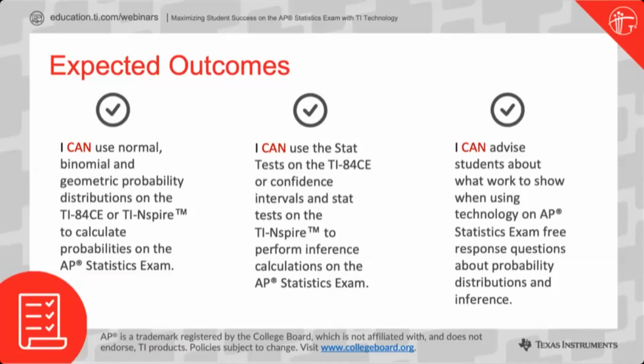Second, that you can use the stat tests on the TI-84, or confidence intervals and stat tests on the Nspire, to perform inference calculations on the AP statistics exam, both multiple choice and free response. And third, that you can advise students about what work to show when using technology on AP statistics exam free response questions about probability distributions and inference.